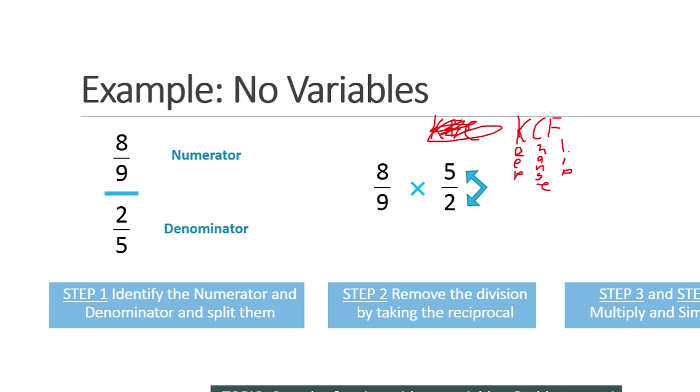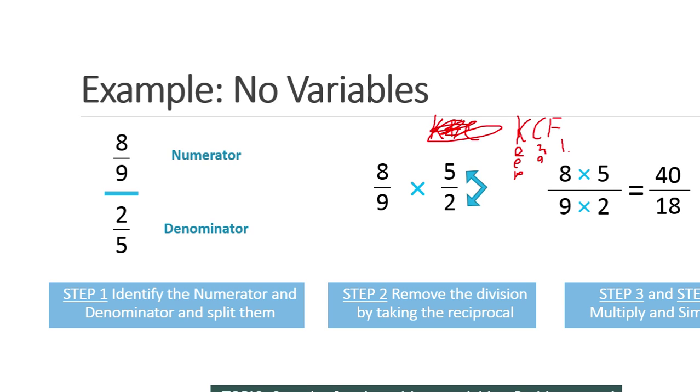Now the last step is to multiply straight across. So 8 times 5, and then 9 times 2, so that's 40/18.